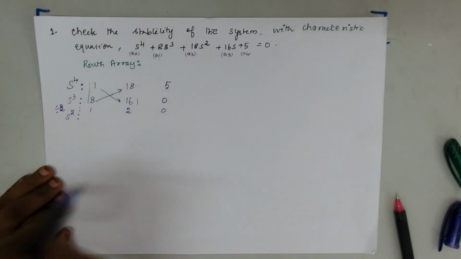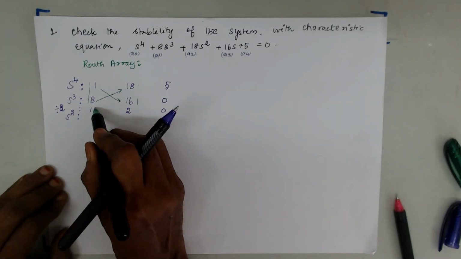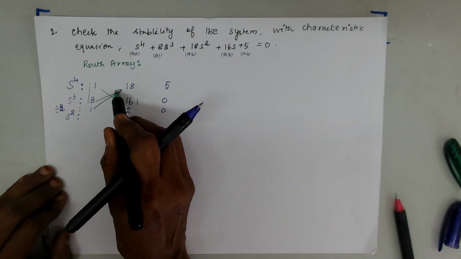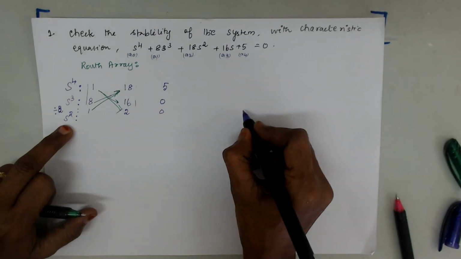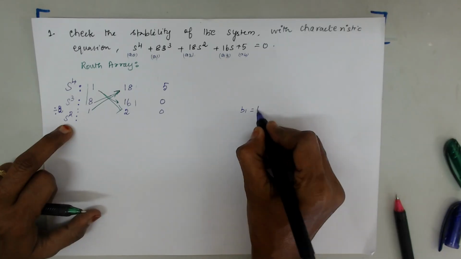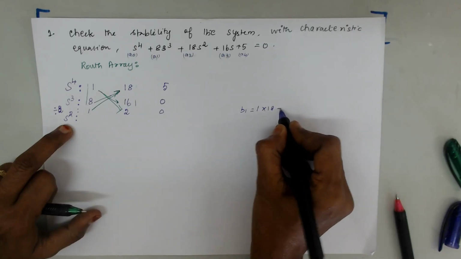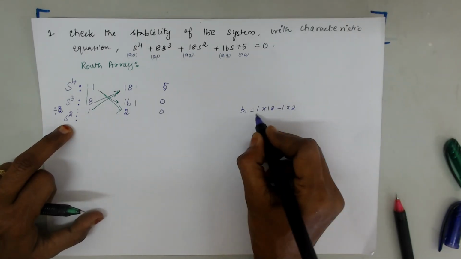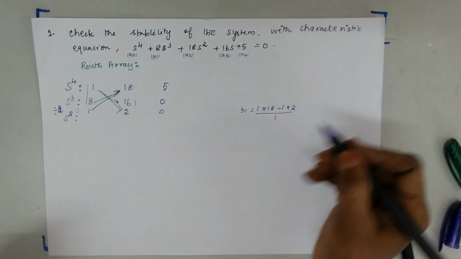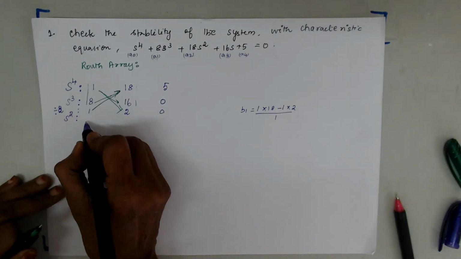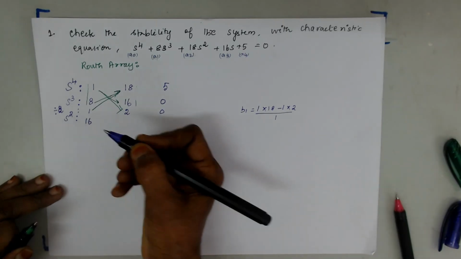Now we can find the value of s square. B1 is framed as 1 into 18 minus 1 into 2, divided by 1. So 18 minus 2 is 16, and 16 by 1 is 16. So in the s square row, the first element is 16.